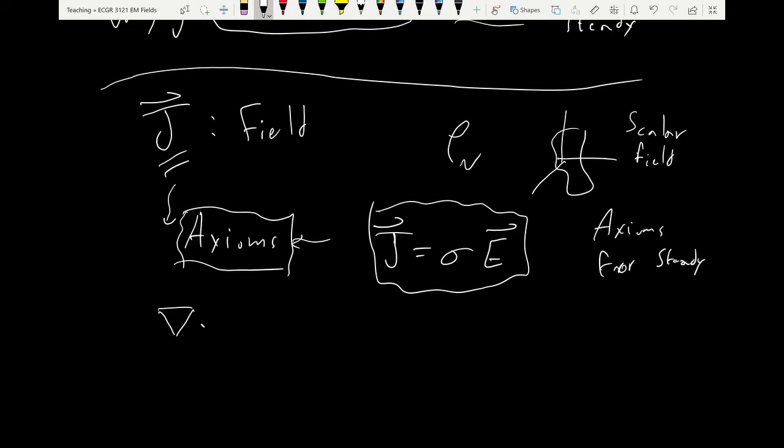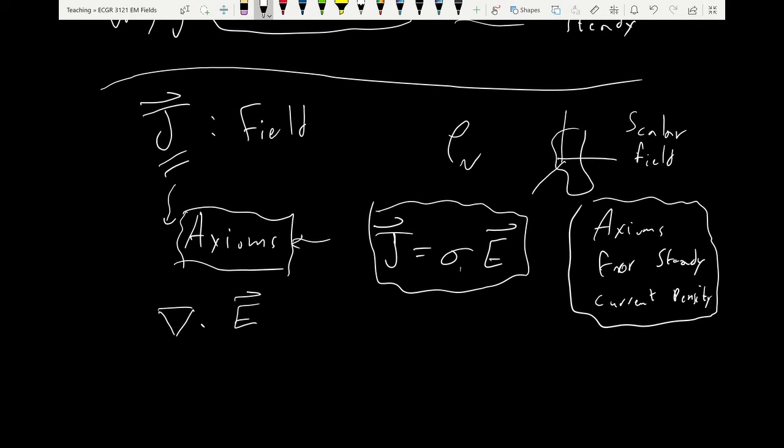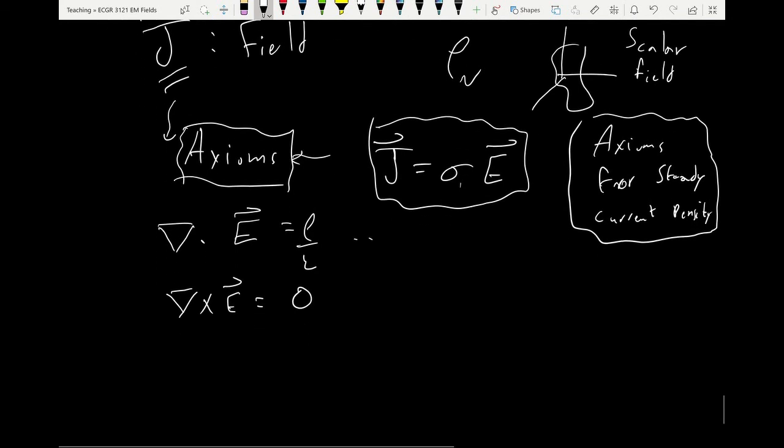If I consider steady current density to be a field, what would its axioms be based on the results that we got so far? Let me remind you of the electrostatic axioms. They are divergence of E equals rho over epsilon, curl E equals 0. I want to utilize those.